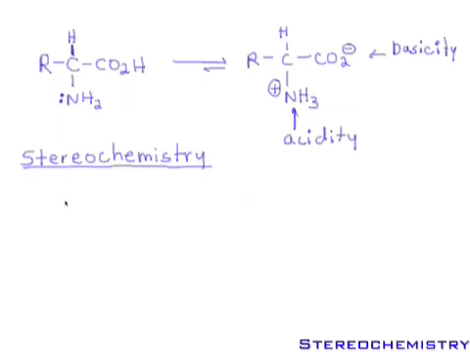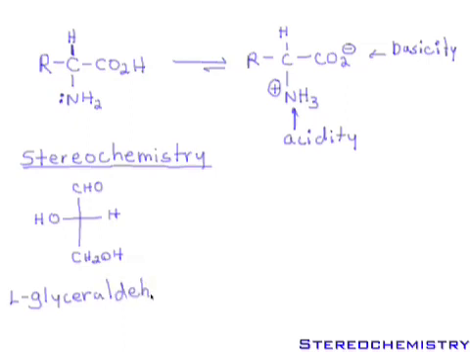Now, if you remember in carbohydrates, the standard Fischer projection was based on the molecule glyceraldehyde. And this molecule, L-glyceraldehyde, was a mirror image of D-glyceraldehyde and served as the precursor to the nomenclature of all other sugars.